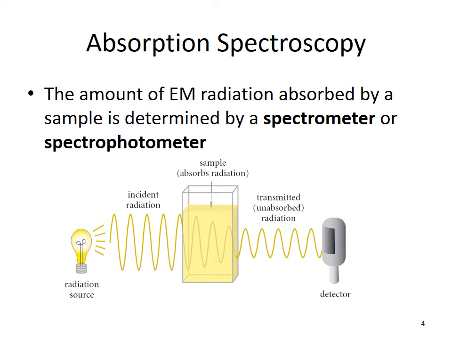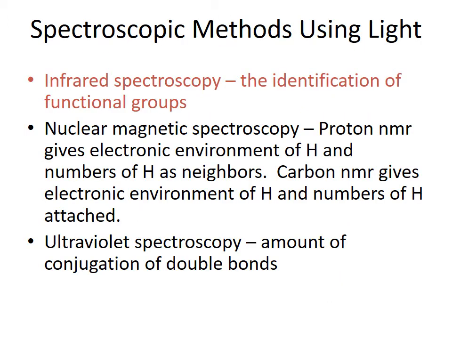So now what we're going to do is look at what happens with infrared spectroscopy. Infrared spectroscopy has the energy of light that allows us to identify functional groups, because this is going to be causing the bonds to vibrate, and we can then look at the individual bonds and see characteristics of them.